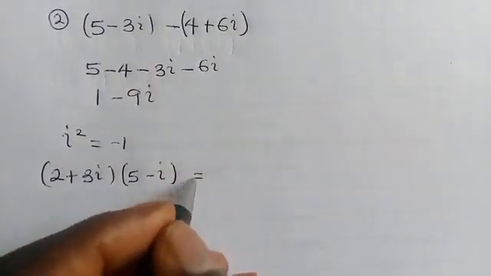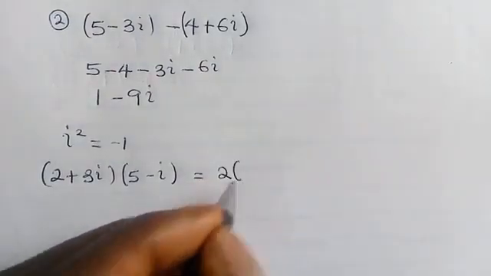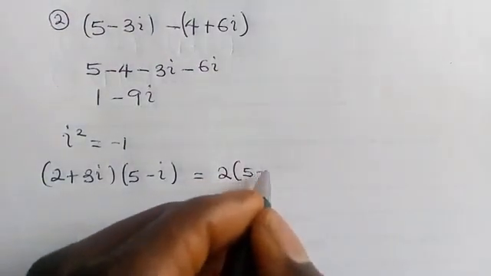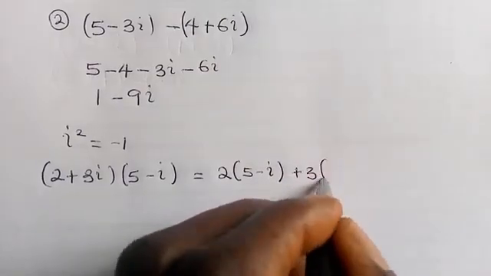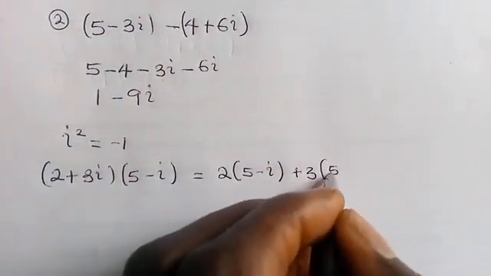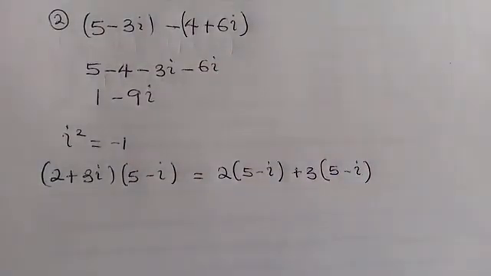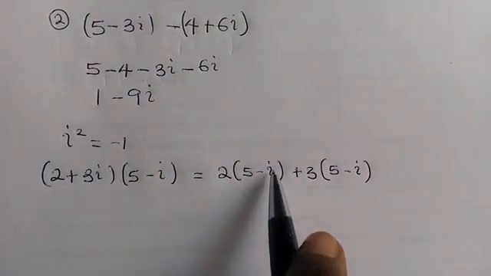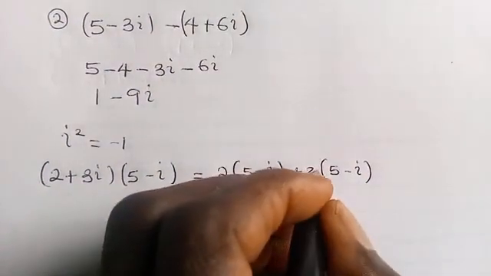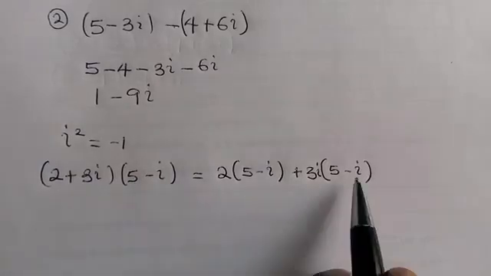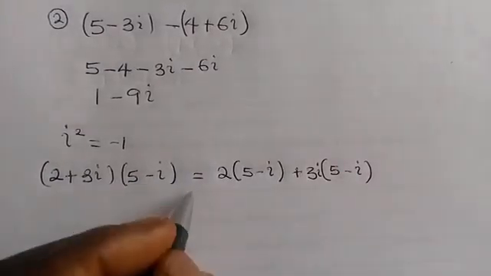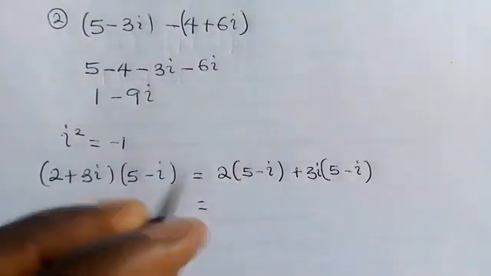What that means is we have 2 into 5 minus i, plus 3i multiplied by 5 minus i. So expanding this, we are going to have 2 multiplying 5 to give us 10.